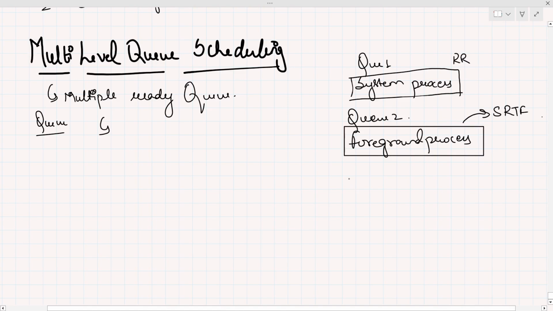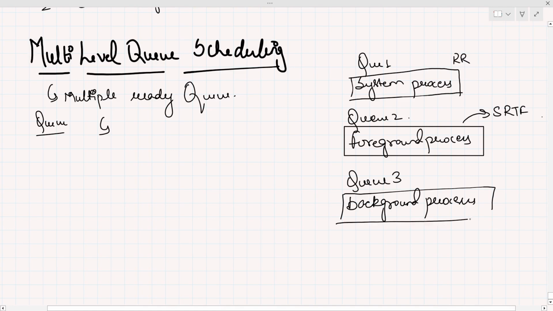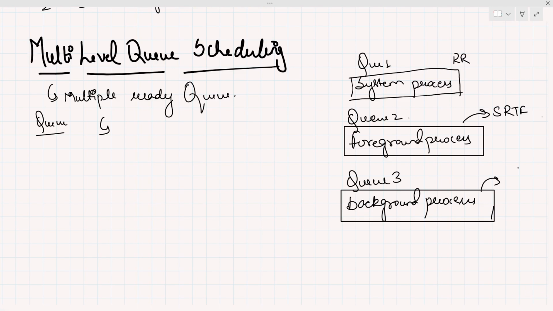Let's say we have one more queue, Q3, which is about background processes. This is handled by a different scheduling algorithm. So the processes of each queue are scheduled by a different scheduling algorithm. This is what happens in multi-level queue scheduling.